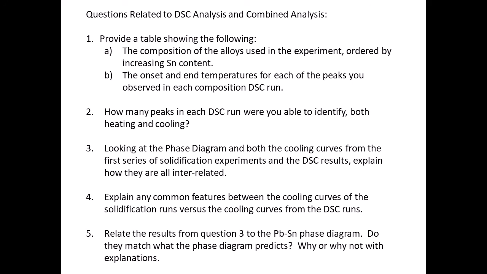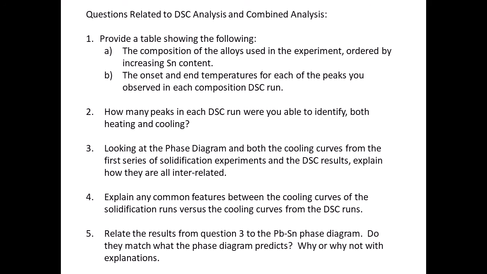Include the onset and end temperatures for each peak that you observe in each composition of the DSC runs. Note how many peaks are present in each run that you're able to identify for both the heating and cooling portions of the curves. Indicate whether they're on the heating and cooling portions.